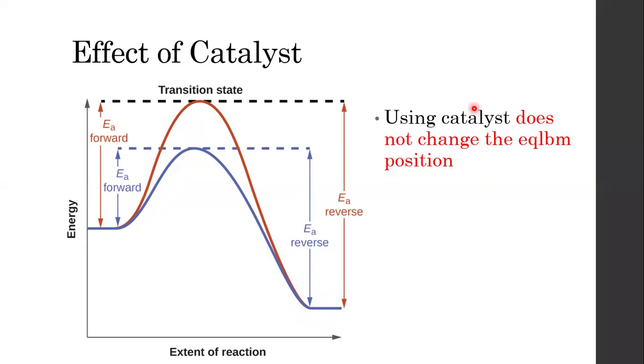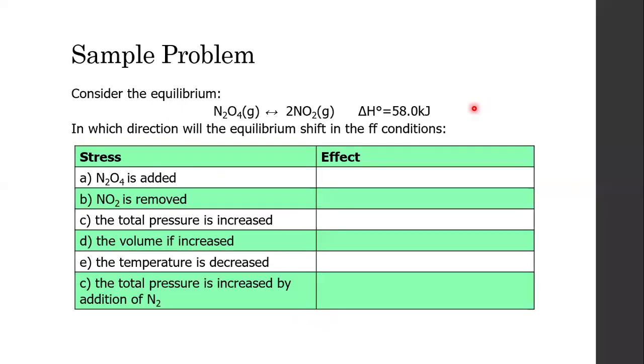Okay. So let's try the sample problem. Consider the equilibrium reaction of dinitrogen tetroxide in equilibrium with 2 moles of nitrogen dioxide. We're given the standard enthalpy here.